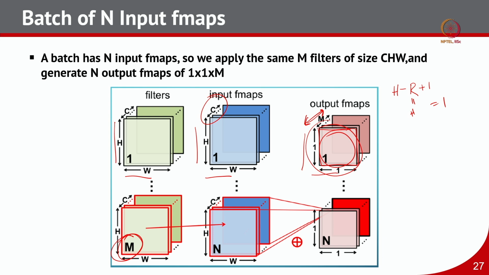So, this is the same as convolution, but since the size of the filter is exactly the same as the input feature map, the size of each channel of the output feature map is just 1 by 1, that is all, right. Now, again, if we have n input feature maps, you will have n output feature maps, correct. So, that is how these fully connected layers operate.